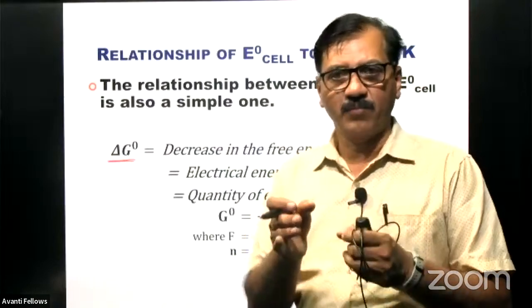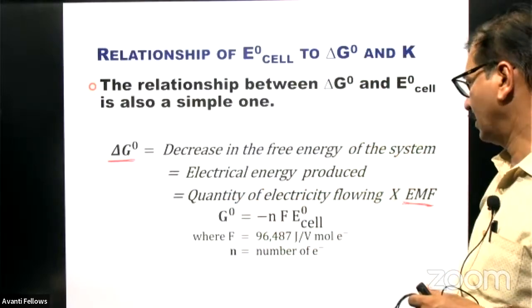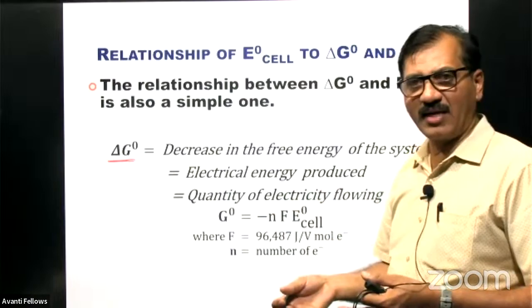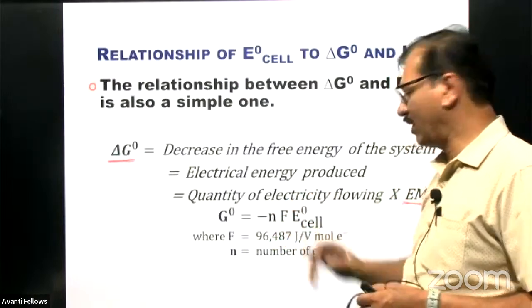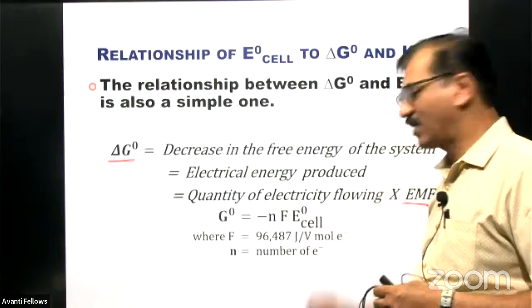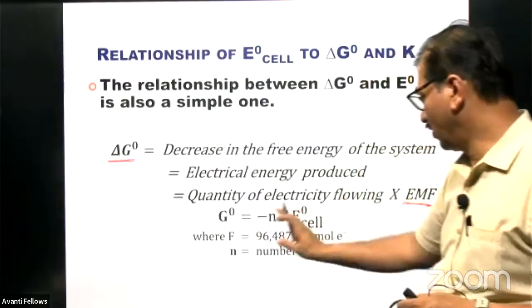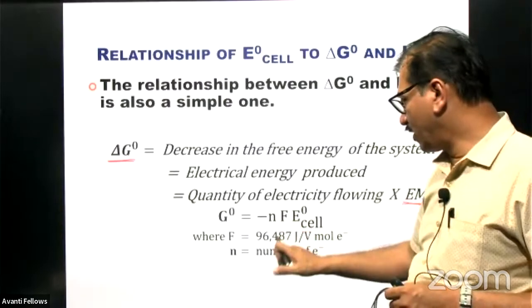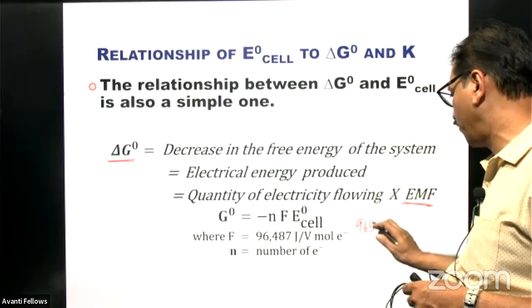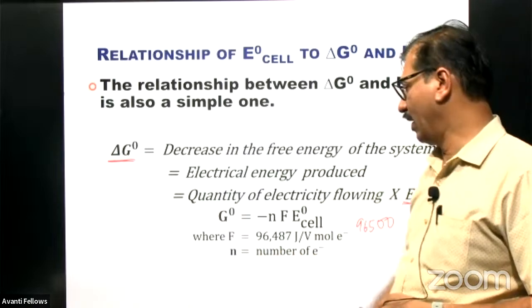So delta G0 is equal to minus nF E0 of the cell, because the energy is being given out. nF is the quantity of electrical charge passed through, and E0 of the cell is the electromotive force. Here F is equal to 96,487. We practically take 96,500 for calculations, and n is the number of electrons.